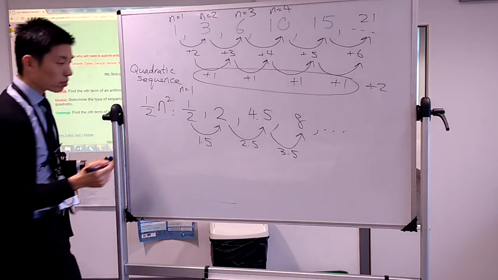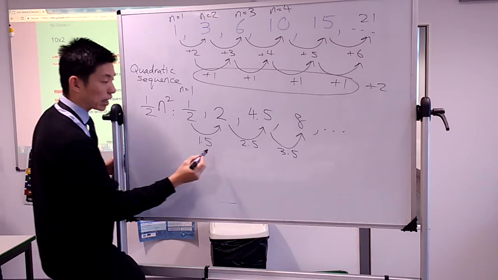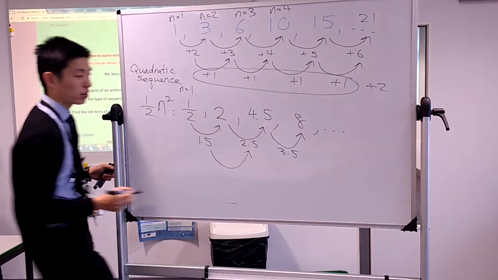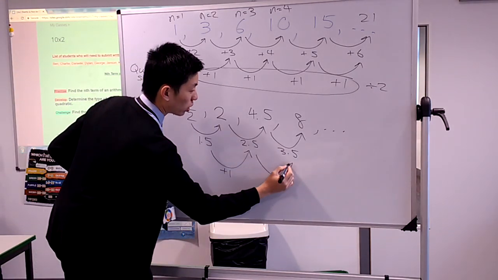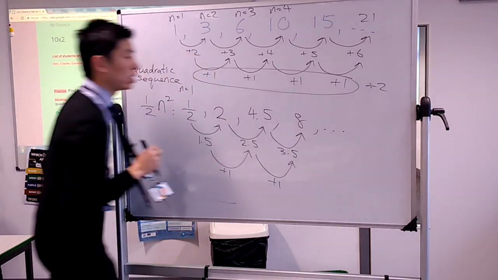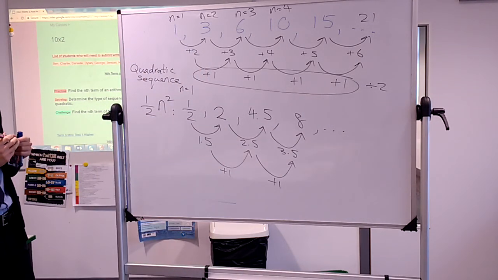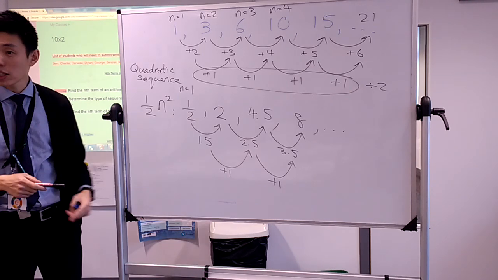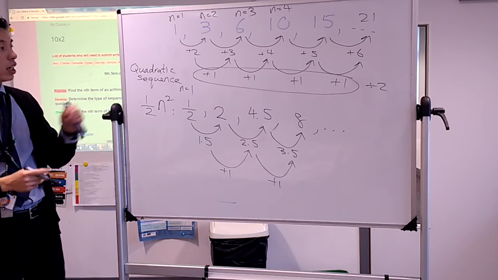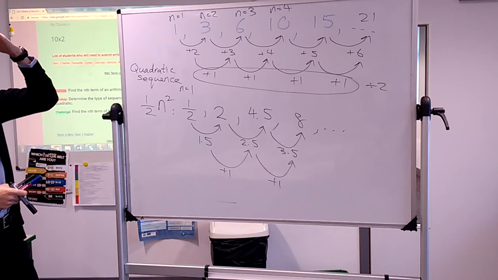So what is the second difference? 1. And then 1. So once again, this is a quadratic sequence. Let me analyze this one more time.